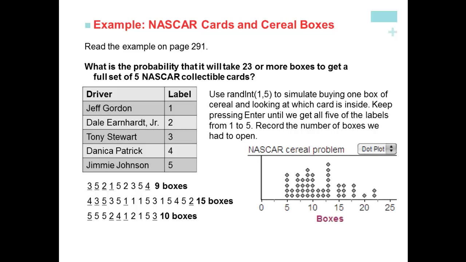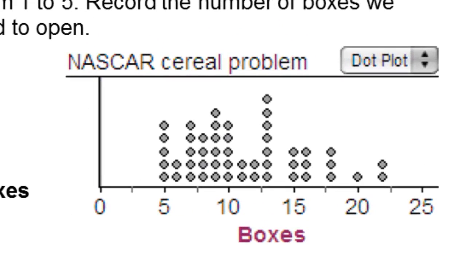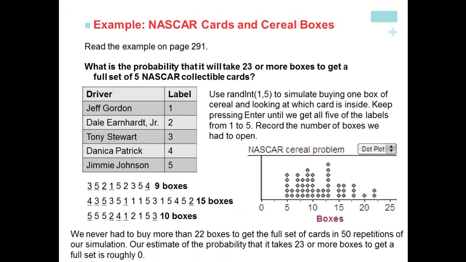If I continued to do this and made a dot plot of how many boxes it would take to obtain all 5 drivers, it may look something like this. From this dot plot, we never had to buy more than 22 boxes to get a full set of cards, and this includes 50 repetitions of our simulation. Our estimate of the probability that it takes 23 or more to get the full set is roughly a 0% chance.